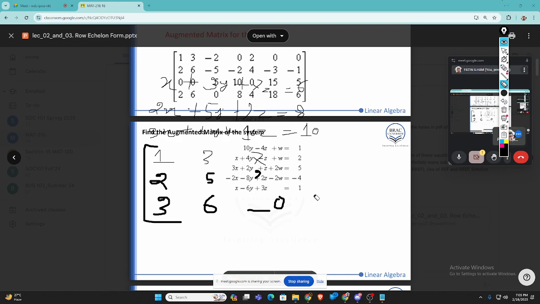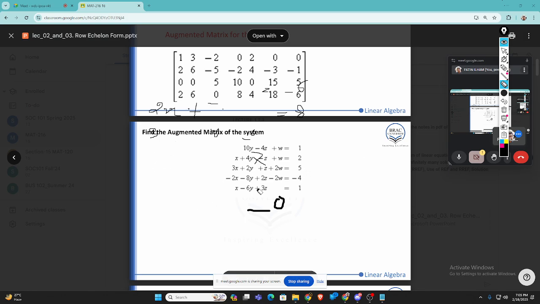What I was talking about is that there was actually an x, but if there's no x, then assume that the coefficient is 0. 0 times x equals 0, right?